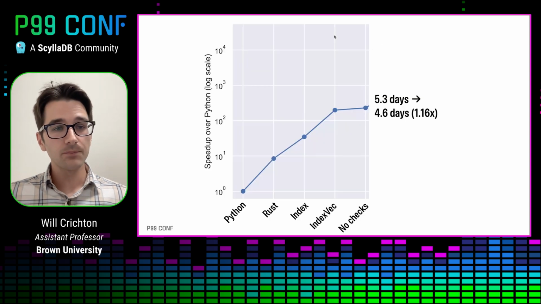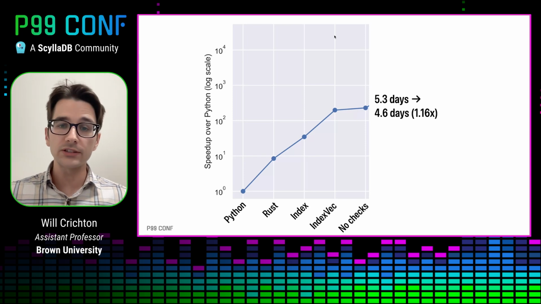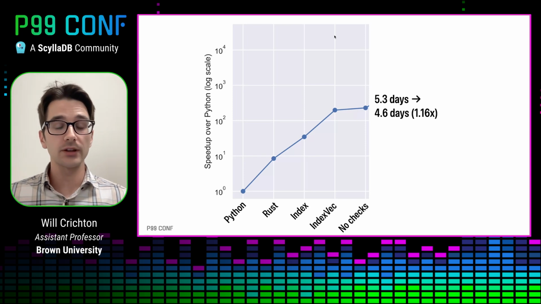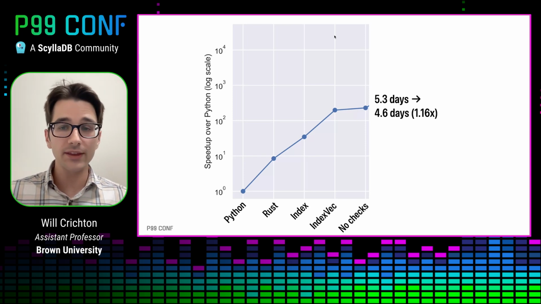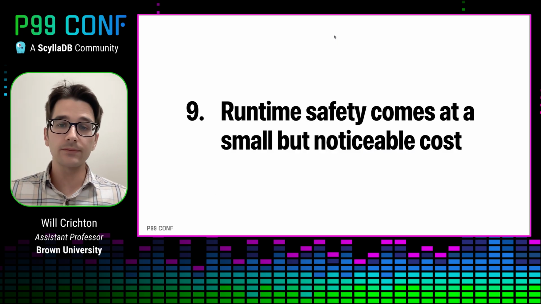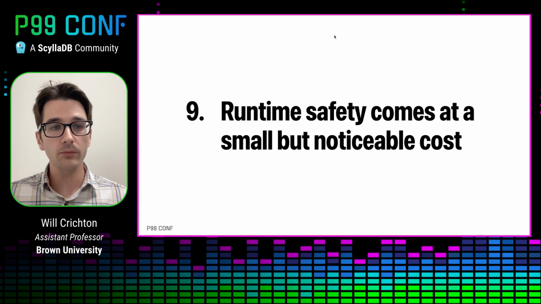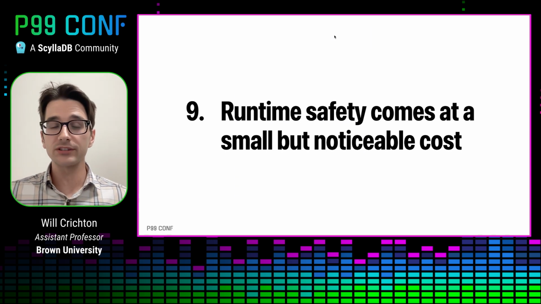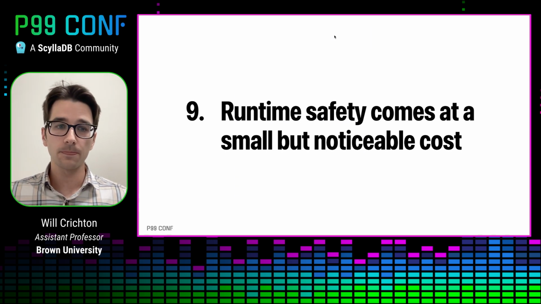The result of this is a 16% improvement in performance, which is not huge compared to our previous optimizations, but it's sizable enough to mention. So the lesson here being, runtime safety checks come at a small but noticeable cost. We do sometimes need to trade off safety for performance if we can't ensure safety at compile time.